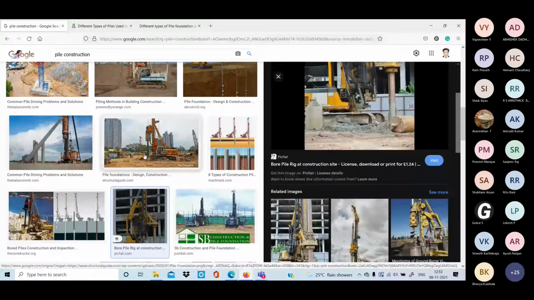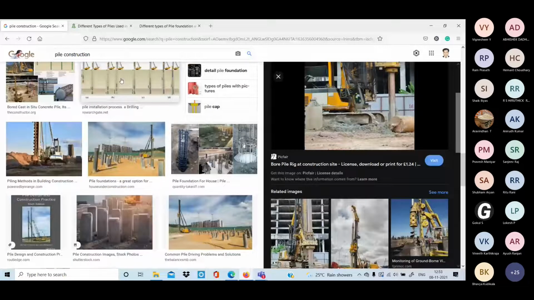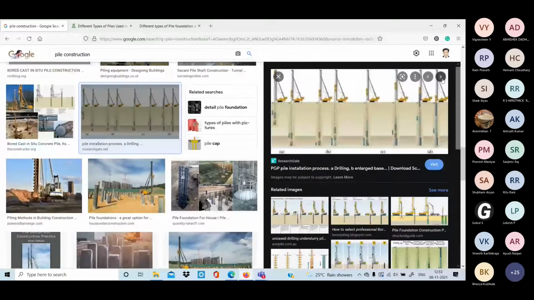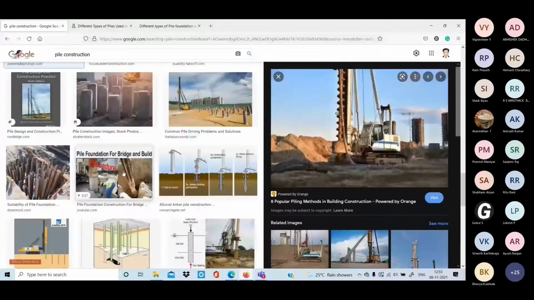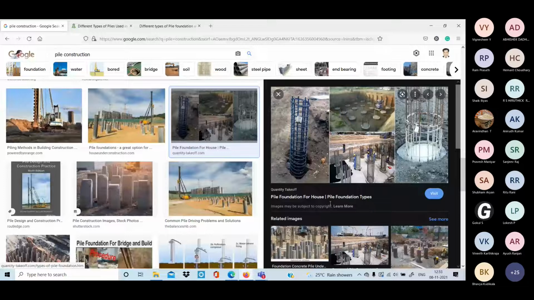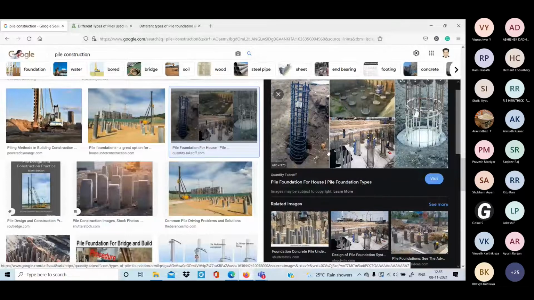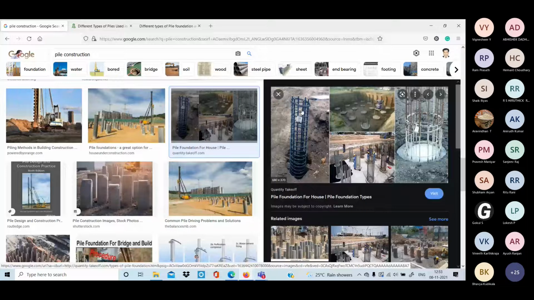Generally this is a smaller size of pile, and it is a bored pile. Boring has been made, and there is concrete casing and so on, round shape. We can have round shape, we can have rectangular also sometimes. It will be filled with concrete finally, and finally it may look like this.